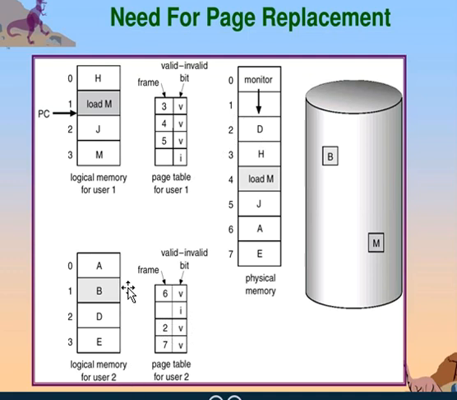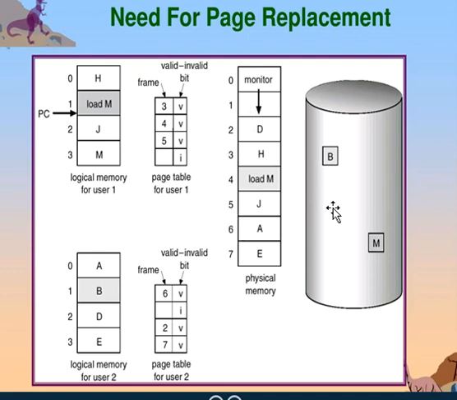Now 0, 1, 2, 3. Page number 3, okay, that is representing what? E, that we kept, that is valid, and we have to keep it inside the 7th frame. So observe here, the monitor is going to check whether all the pages are kept in their respective frames or not.